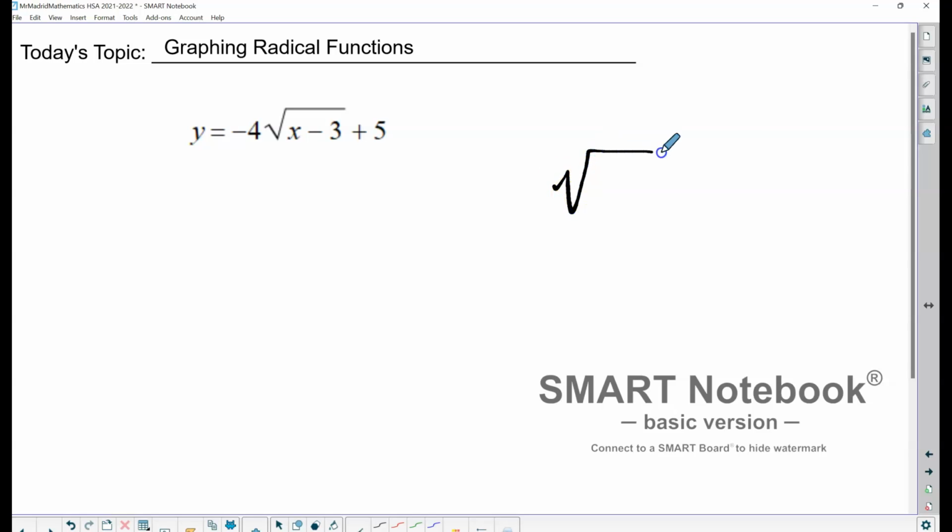So let's start off with the tool that we used in class to help us through this process, okay? Let me use the same colors we had in class. We had x inside the radical, right? And what we also had was a plus or minus some value in here, okay?